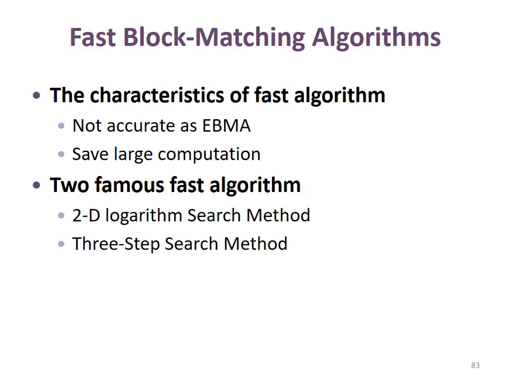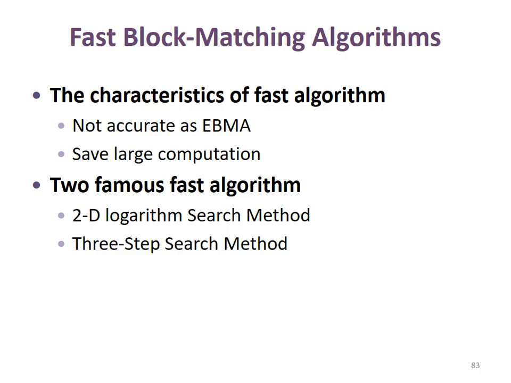All right, next, let's see fast block matching algorithms. Because for exhaustive search, if we apply such a searching method for each microblock, the total computational cost will be very high. So we have different fast algorithms.